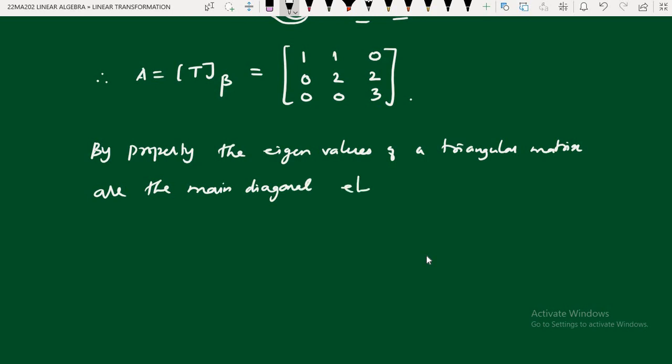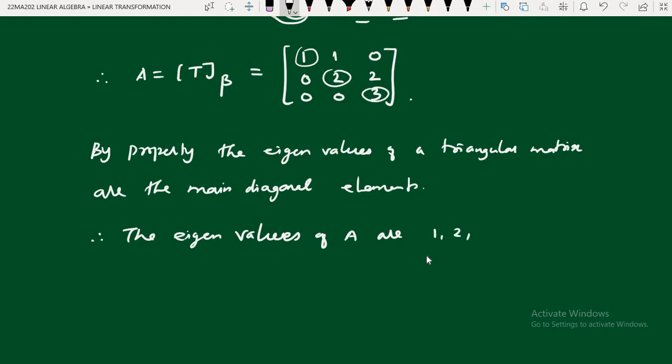Therefore, the eigenvalues of A, where A is a triangular matrix, are its diagonal entries 1, 2, 3. So these are the eigenvalues for this matrix.